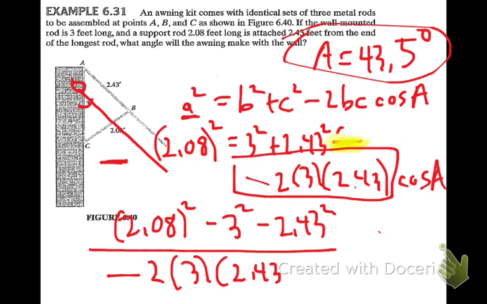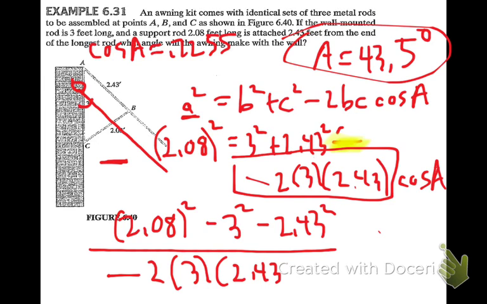Now, if you don't have a graphing calculator, you may need to just calculate this number first. You would calculate that number, and you should get cosine of A is equal to 0.7255, right?